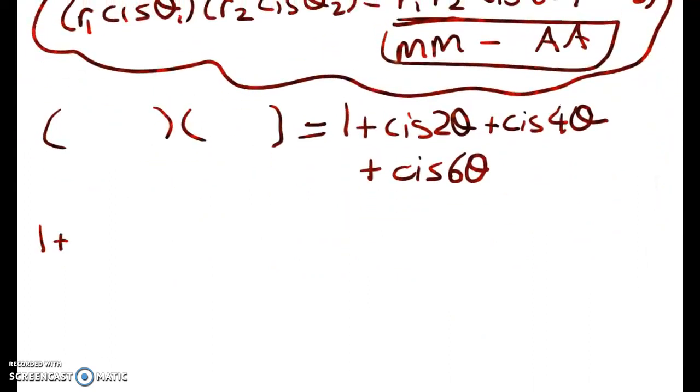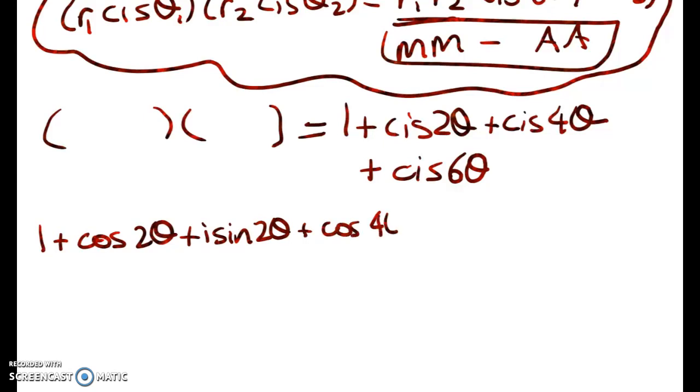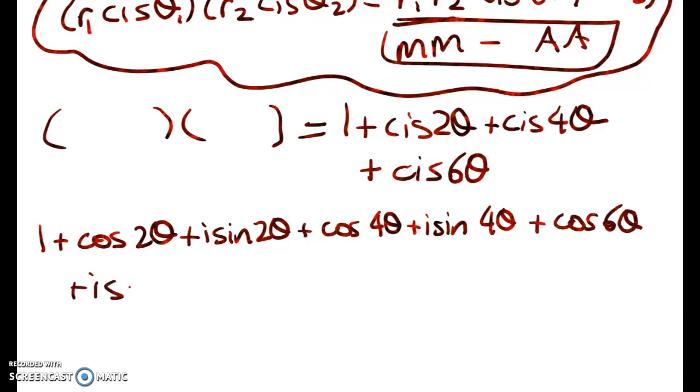So we have 1 plus cos 2 theta plus i sine 2 theta, and so on. So plus cos 4 theta plus i sine 4 theta plus cos of 6 theta plus i sine 6 theta is equal to u plus iv.